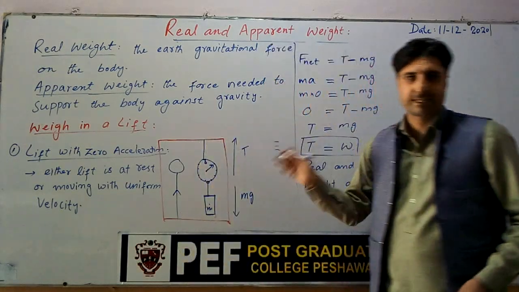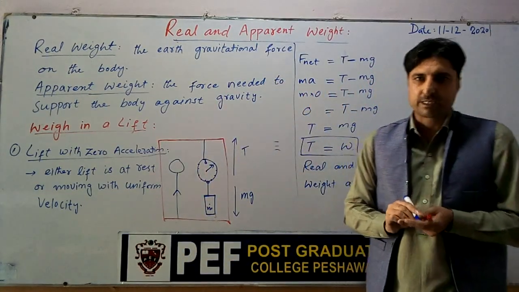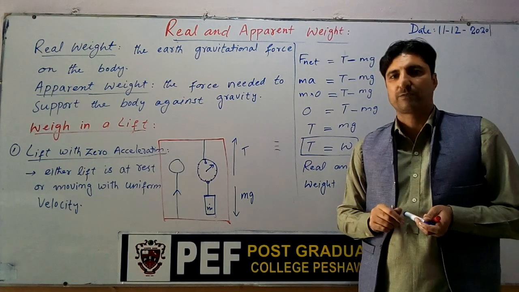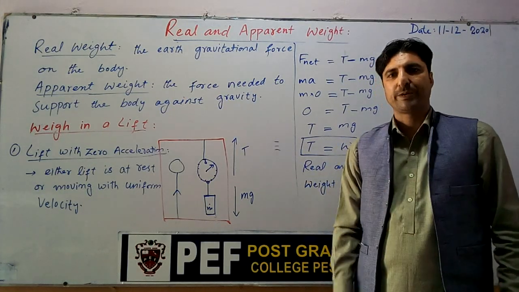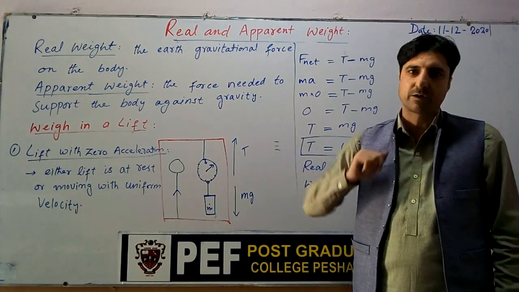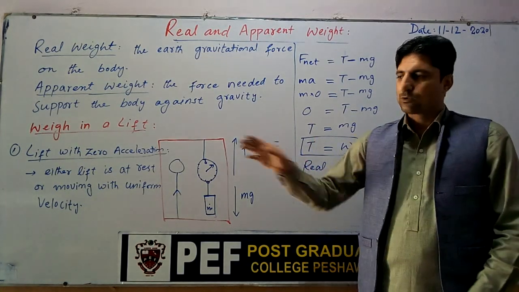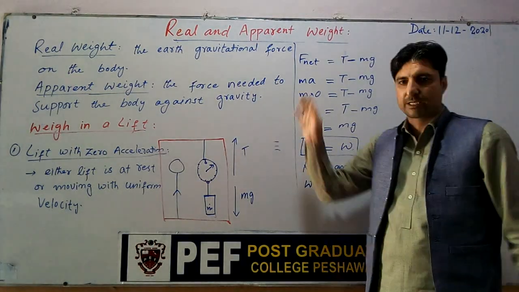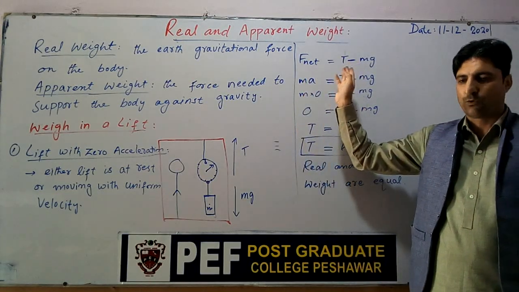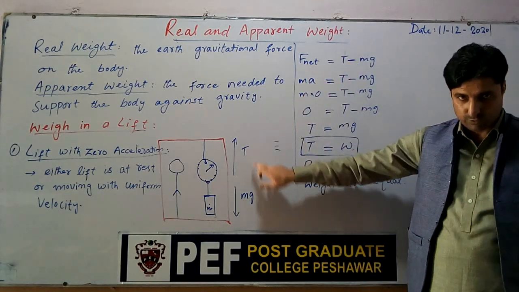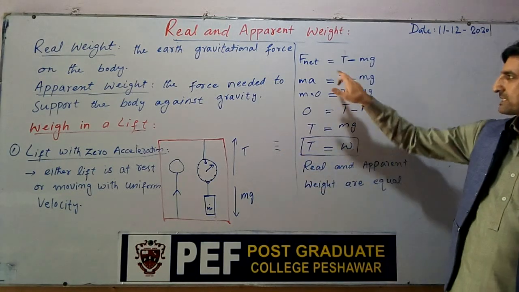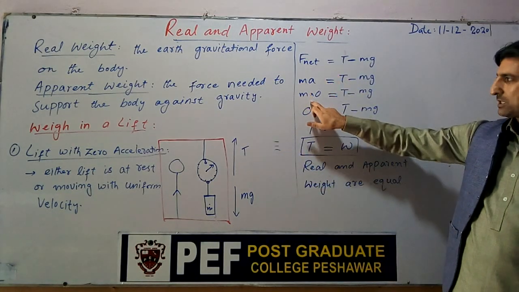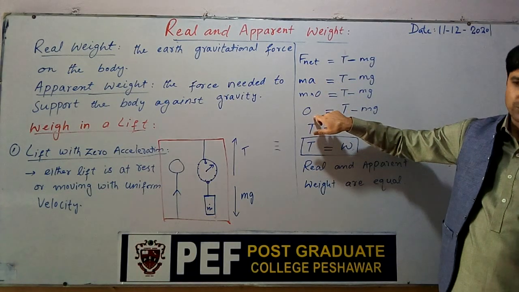Now let me explain this case once again. We said that suppose acceleration of the lift is 0. So two cases arise here. Either the lift will be at rest or the lift will move with uniform velocity. For both of the cases, the net force will be equal to the sum of these two forces, tension and weight. Acceleration is 0, so the net force will be equal to 0.